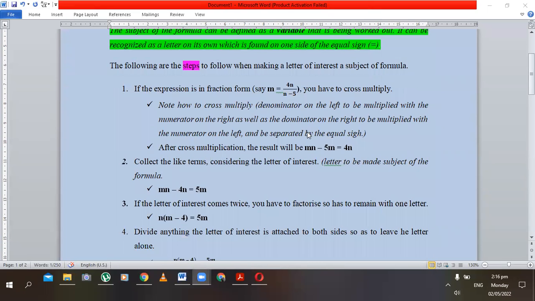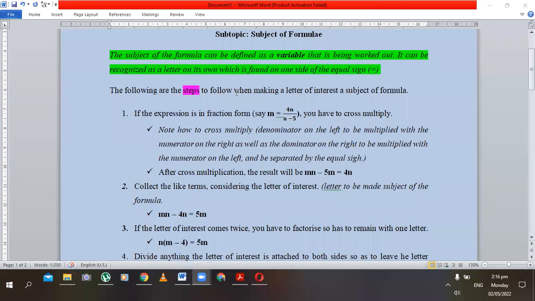So when you're making a letter subject of the formula in an expression, what do you do? There are steps that we follow. So this part says the following are the steps that we follow when we are making a letter or a variable subject of the formula. What are you supposed to do?